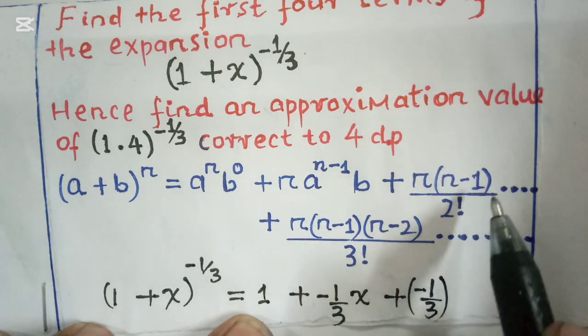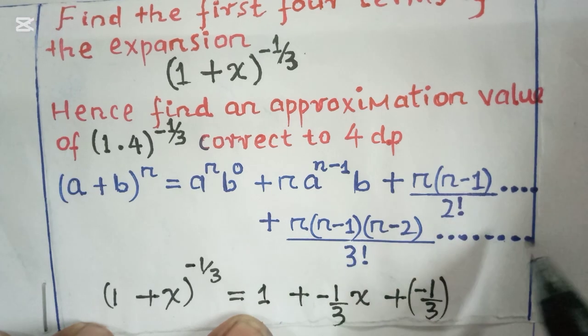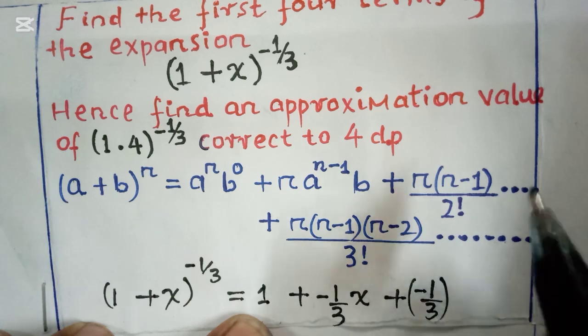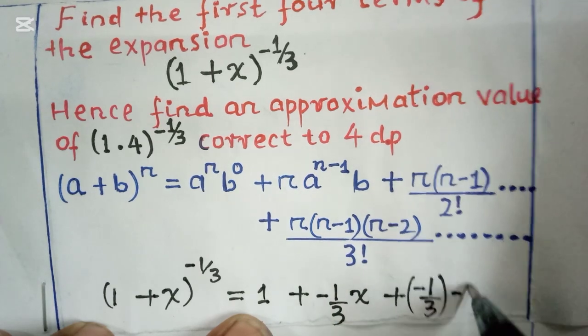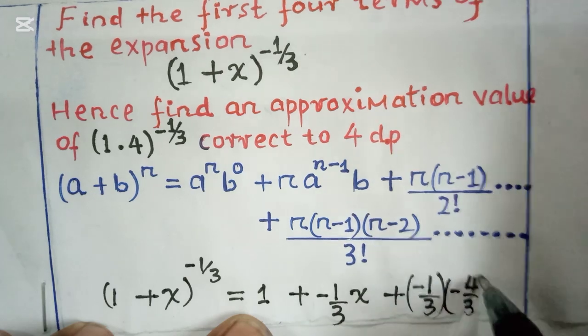And then n minus 1 is negative a third minus 1. That is the same as saying negative 1 over 3 minus 3 over 3, which now gives us minus 4 over 3, like that.